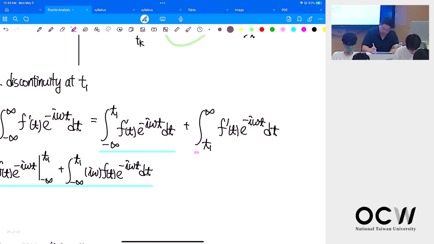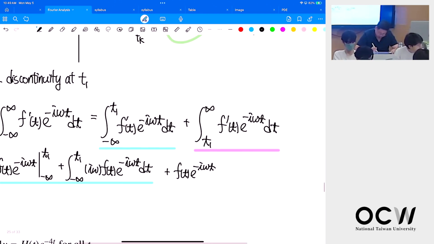And second part, also using integration by parts, we have f of t e to the minus i omega t, from t1 to infinity.